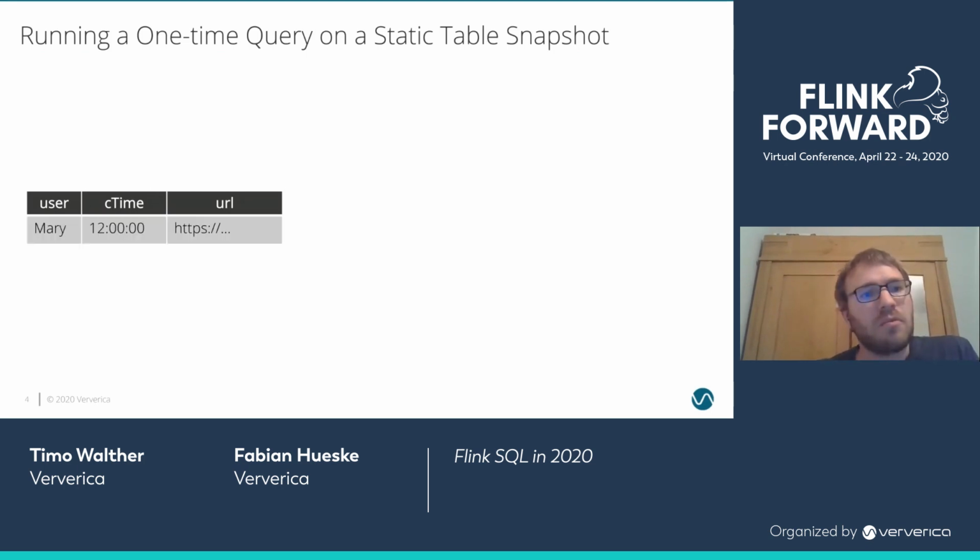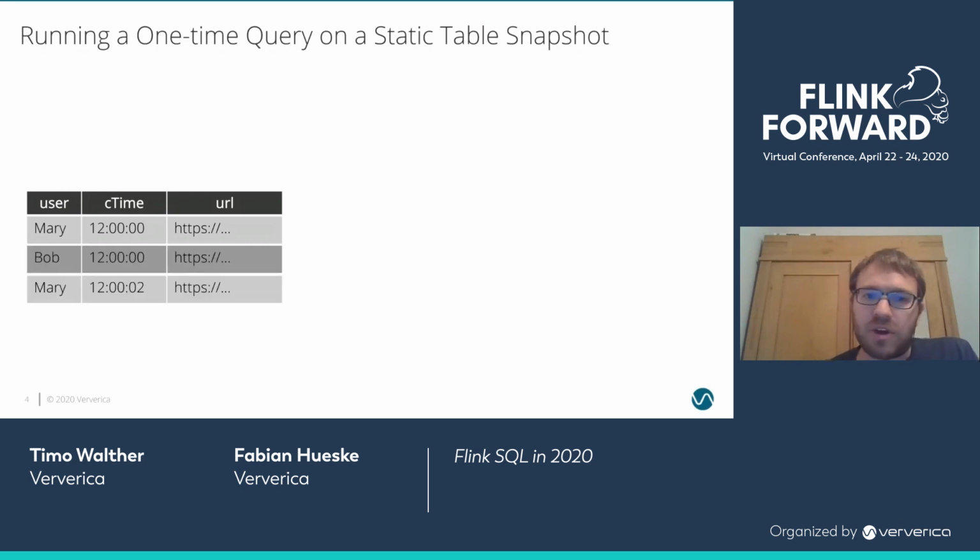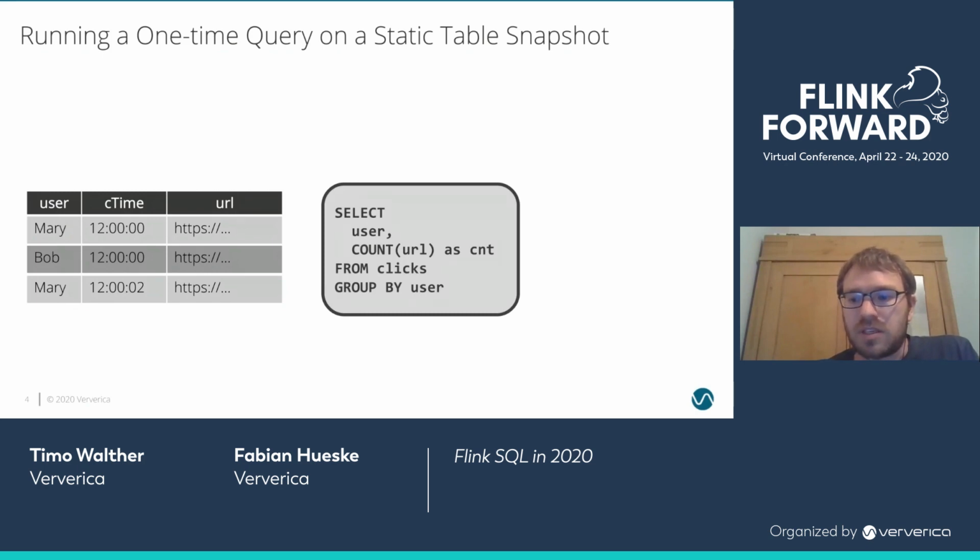So this process adds 1 row for user Mary. It adds another one for Bob. It adds another one again for Mary. And then at some point in time, we want to analyze the data in this table. So we submit a SQL query. Here, the query is very simple. We just want to know how often the user clicked on some URL.